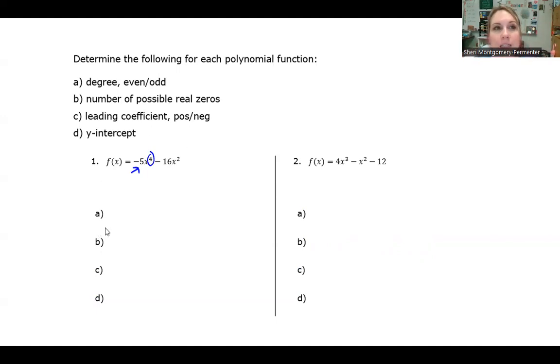So for part A, it says, what's the degree? So what is the degree? 4. So we could say 4th degree. And will we say that that's even or odd? Even. Good job.